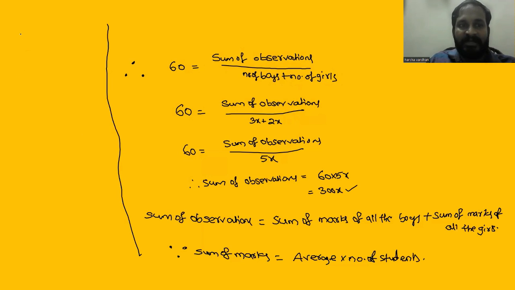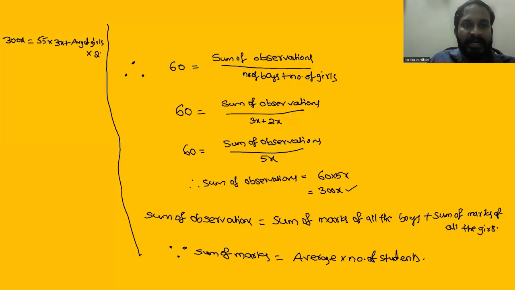So now the sum of observations, which we know is 300x, is equal to average into number of students. What is the average of boys? Average of boys is 55 and number of boys is 3x, so 165x. Number of girls is 2x, and the average of girls we don't know, that is what we will find.